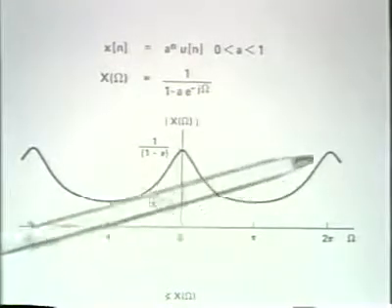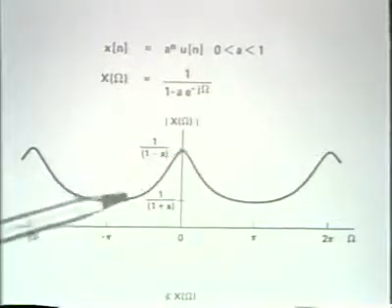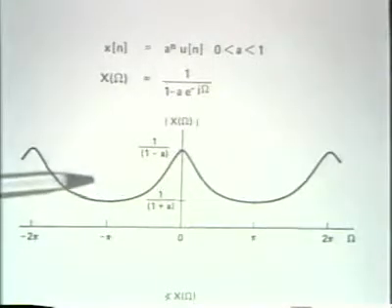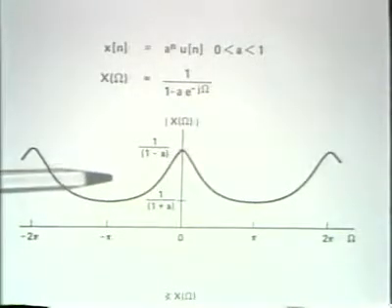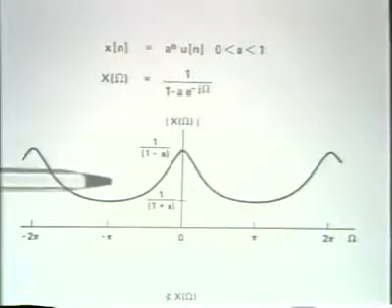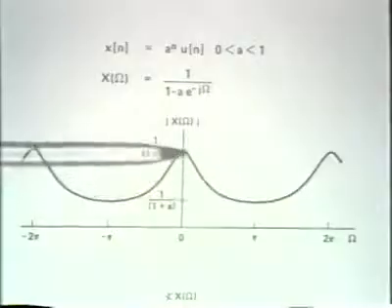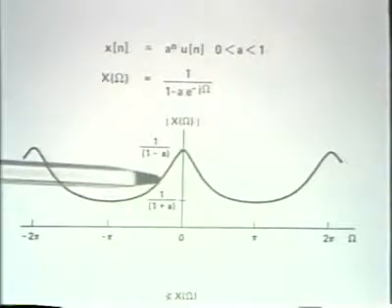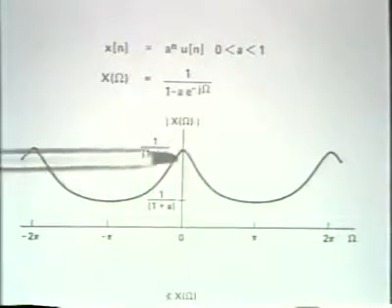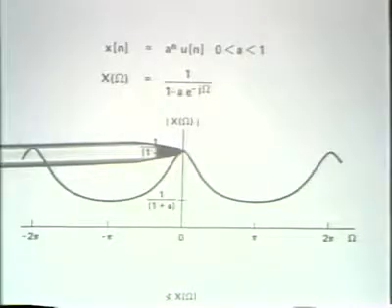And then, of course, it is periodic, and the periodicity is inherent in the Fourier transform in discrete time. So we really might only need to look at this either from minus pi to pi or from 0 to 2 pi. The periodicity, of course, would imply what the rest of this is for other values of omega.